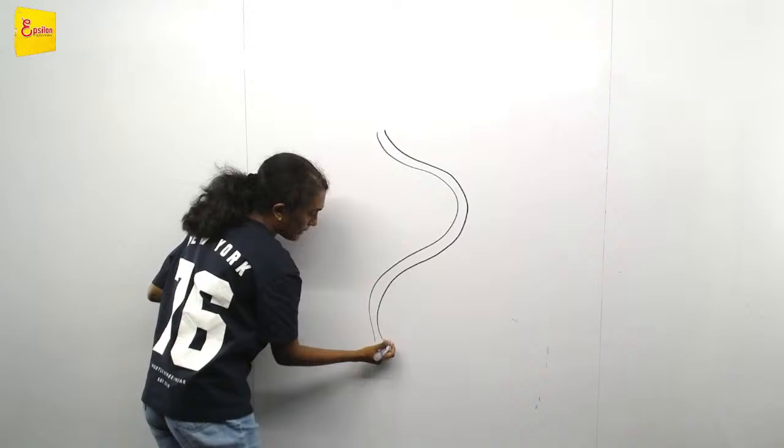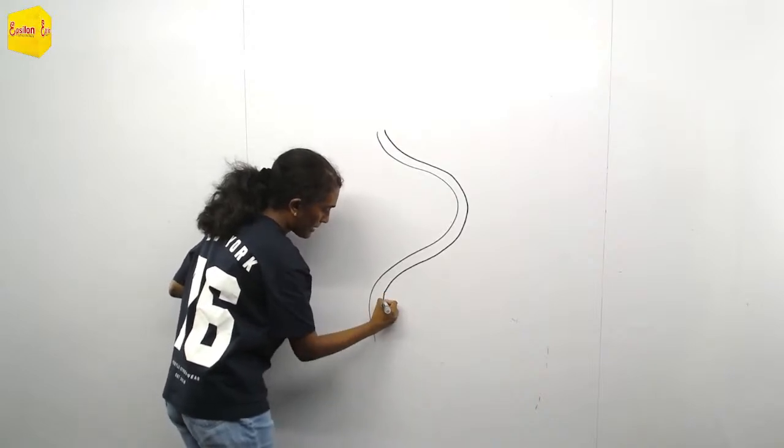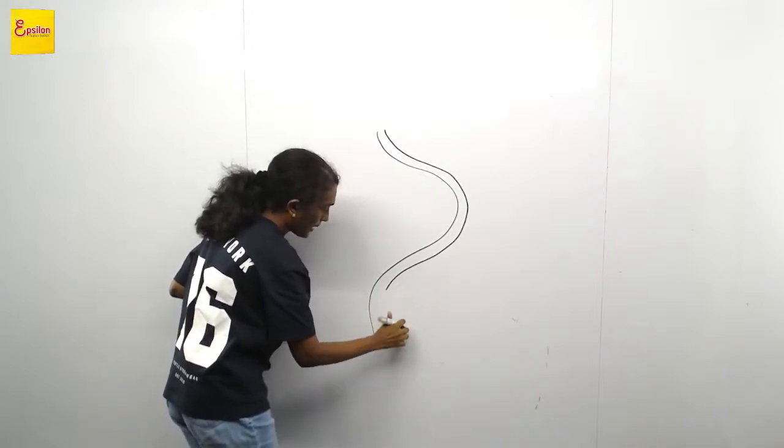This line with a thickness, we call it as sugar phosphate backbone.